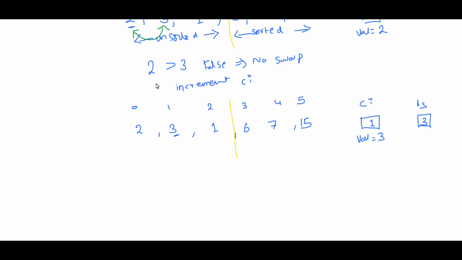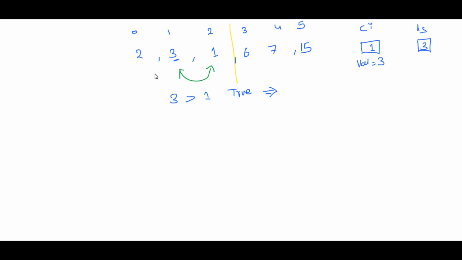Now we're going to compare the value at position 1, which is 3, with the value at position 2, which is 1, obviously. So that will be: is 3 greater than 1? Of course, so that's true. So this will end up with a swap of 3 and 1, and there we go.